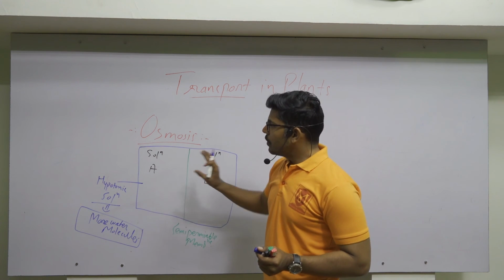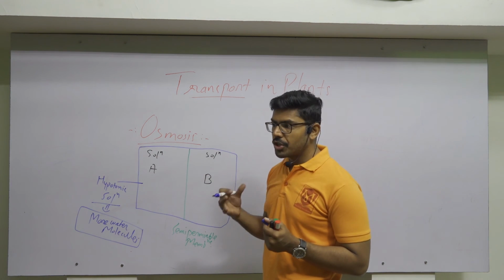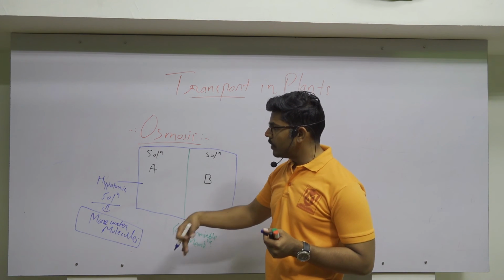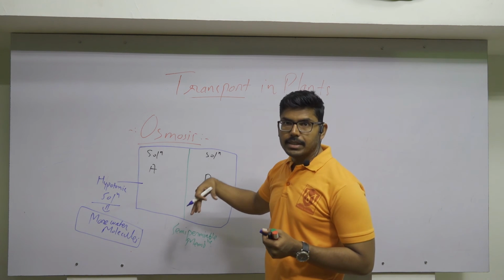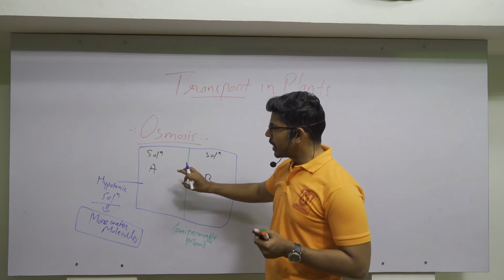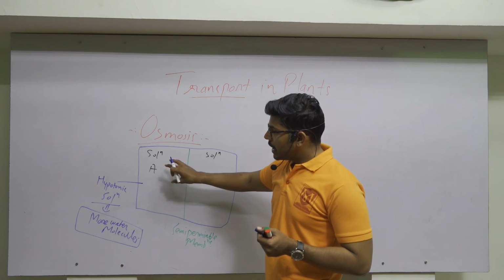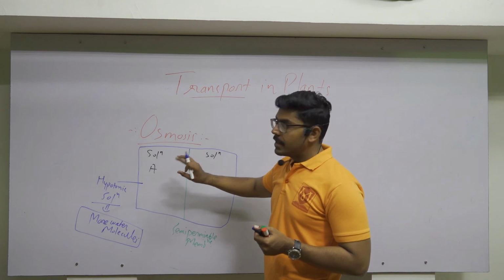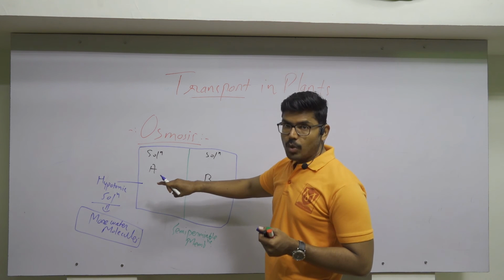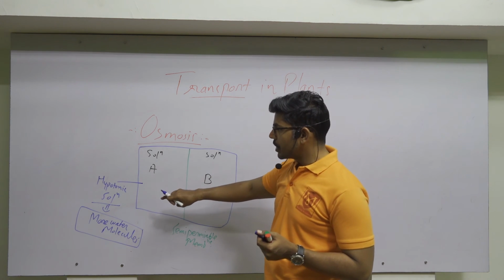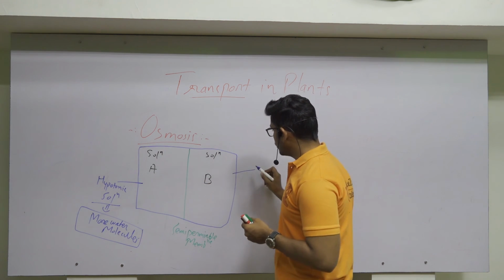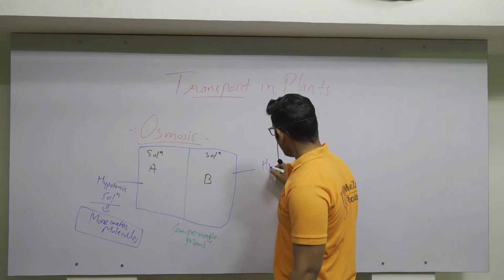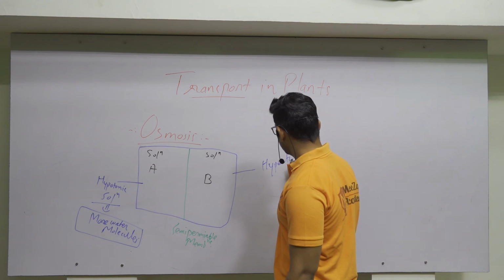So what is a solution? A solution is a mixture of solvent and solute. Solvent is water and solute is any particle. So this solution has more water molecules and fewer solute molecules. That's why it is called a hypotonic solution, whereas this solution is called a hypertonic solution.